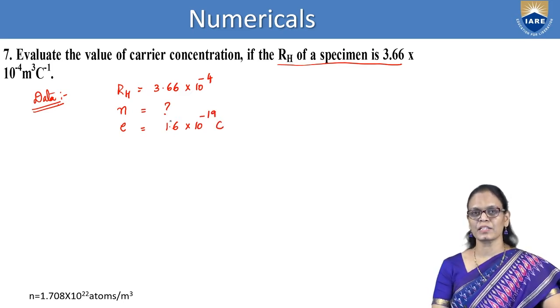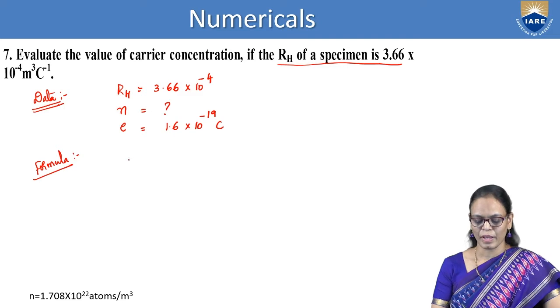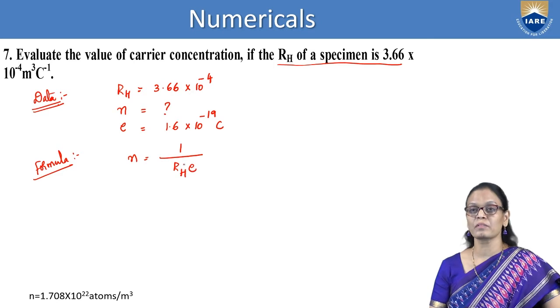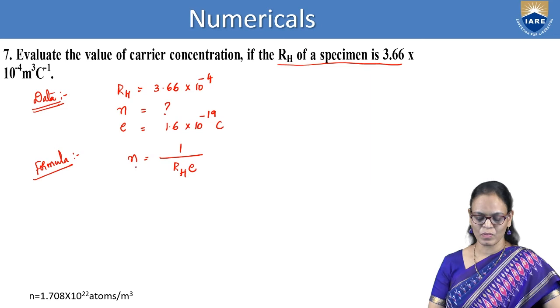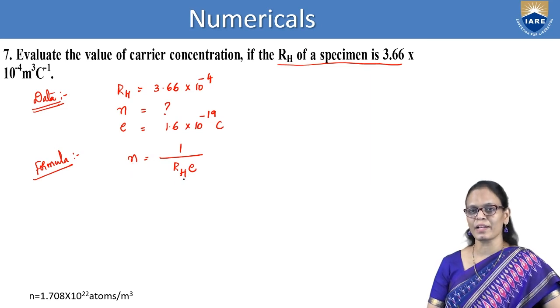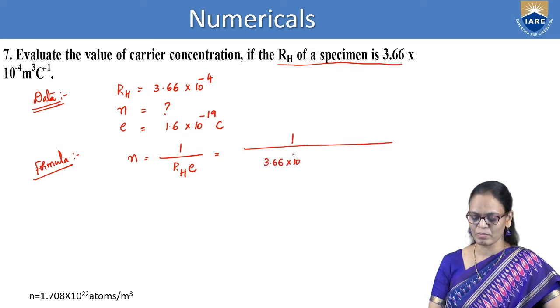So how do we get the value of N? What is the formula? N is equal to 1 upon RH into E. Because we know the value of RH, we know E. So 1 upon RH value is 3.66 into 10 power minus 4 into E is 1.6 into 10 power minus 19.